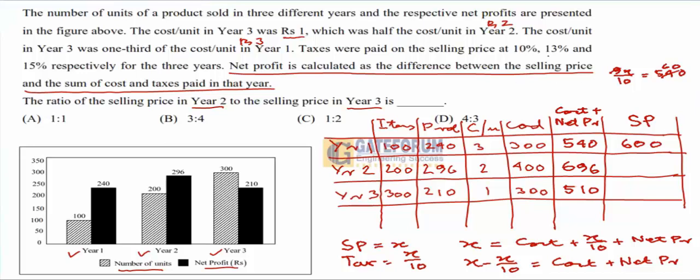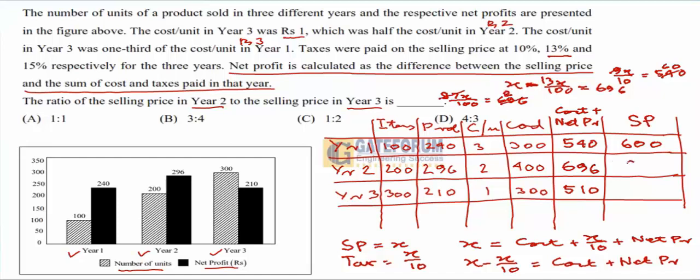For year 2, it is 13%. So basically, X minus 13X by 100 will be equal to 696. So that is 100 minus 13, which is 87. So 87X by 100 will be equal to 696. So this must go by 8, and yes, it does.